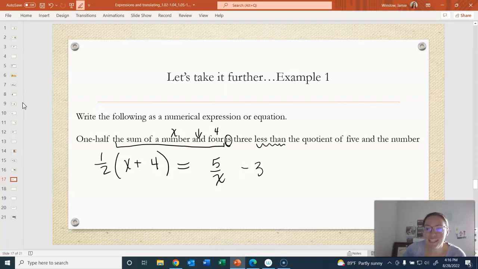There we go. So it's not always going to write exactly as you read it, because sometimes in the English language you write it before, and sometimes in the math language it comes after, like that less than. We're looking for clue words too here, like in the English language, all of this would be combined because of that and.